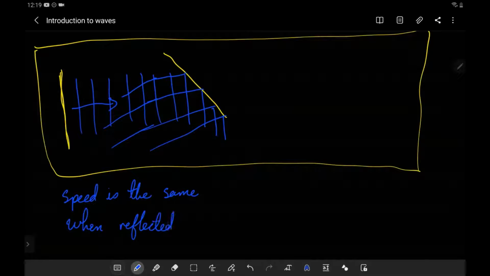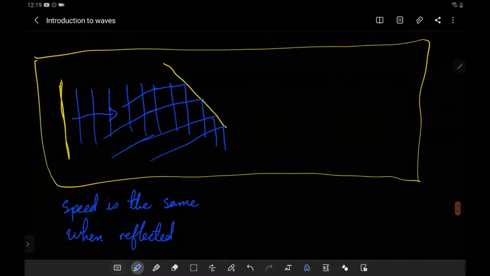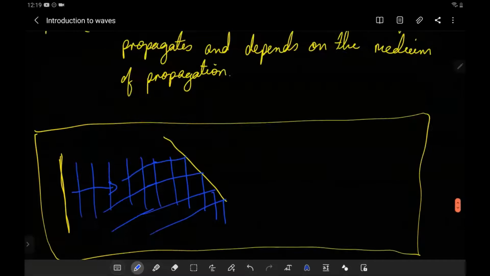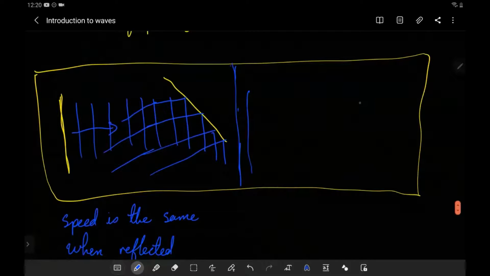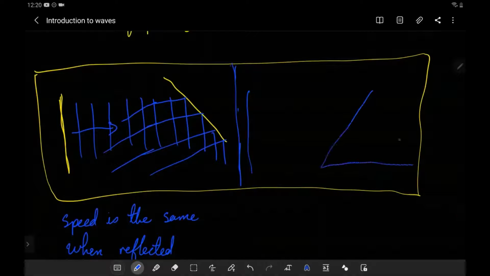However, in a denser medium, in the other case, we have a plane source and we have our denser medium here. Our wave will be coming in.